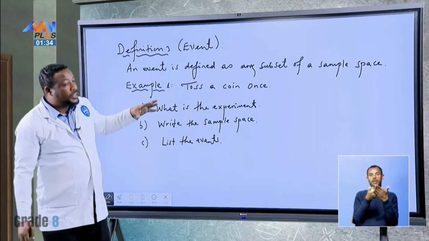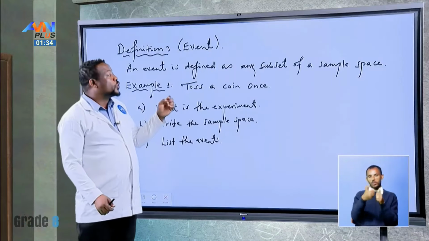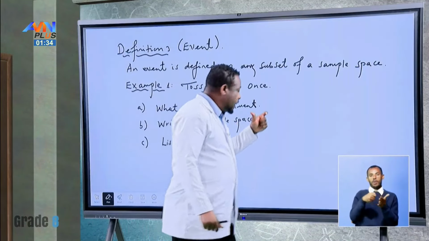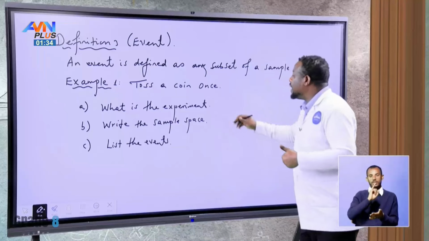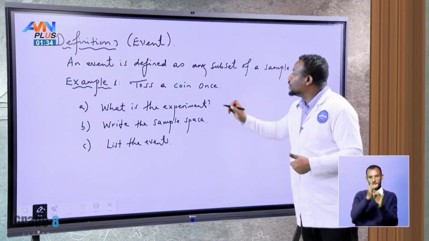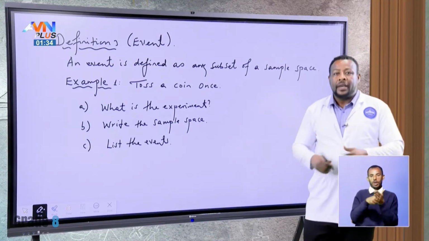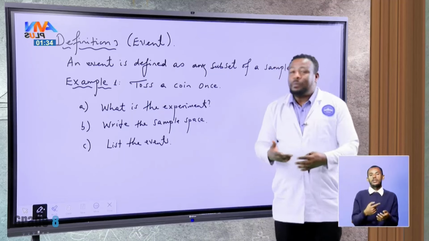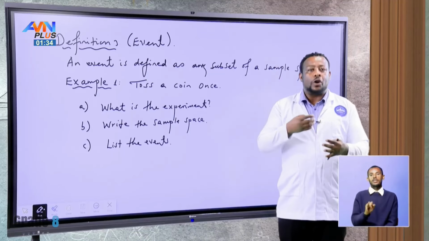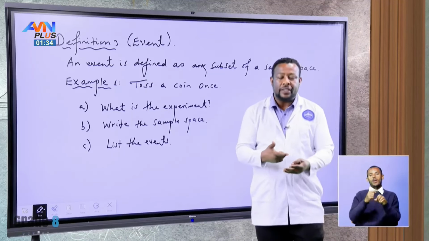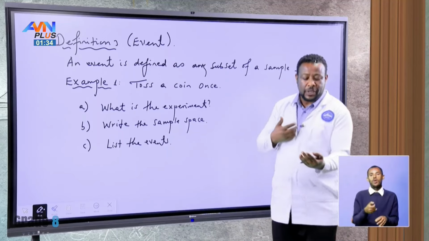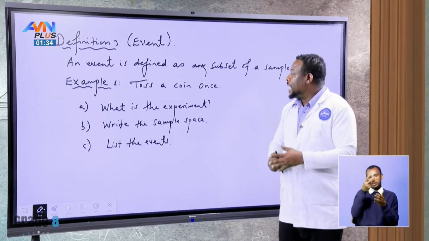Here, there is an activity which is about tossing a coin. The question is, what is the experiment in tossing a coin once? Here, the experiment is performing a coin toss, just throwing a coin and observing the outcome. That is the experiment.